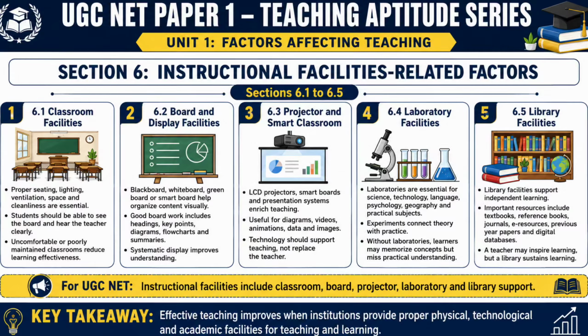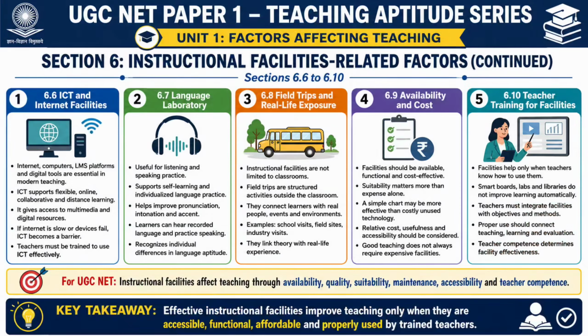6.5 Library facilities. A library supports independent learning. In higher education, the library is extremely important because students must read beyond classroom notes. A good institution provides textbooks, reference books, journals, e-resources, previous year papers, and digital databases. A teacher may inspire learning, but a library sustains learning. 6.6 ICT and Internet facilities.